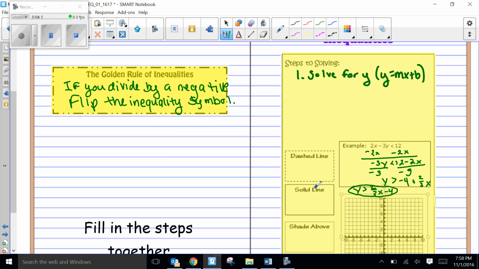Well, if you have a solid line, that's going to be less than or equal to or greater than or equal to. A dashed line, which is going to be like our open circle when you graphed it on a number line, is going to be less than or greater than.